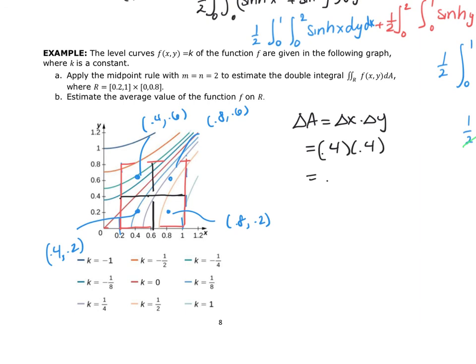So this is going to be 0.16. Now I'm asked to find the average of this. So I still do my integrations like I did before. I'm still going to be doing the integration of my function with respect to x and y, dA, and I'm still going to divide by the area of my region.